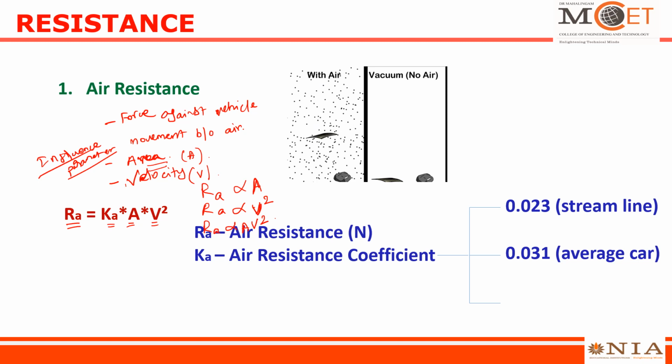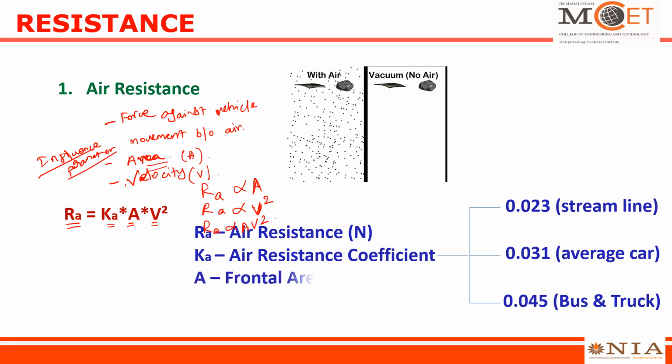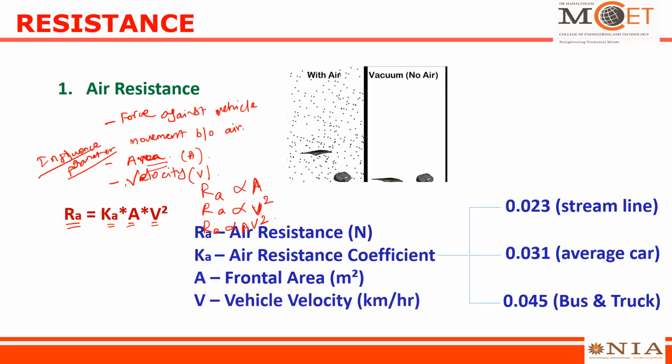If a vehicle is a bus or truck, the air resistance coefficient is 0.045. V indicates velocity of vehicle, A indicates frontal area. Frontal area is measured in meter squared, velocity of vehicle in kilometer per hour.